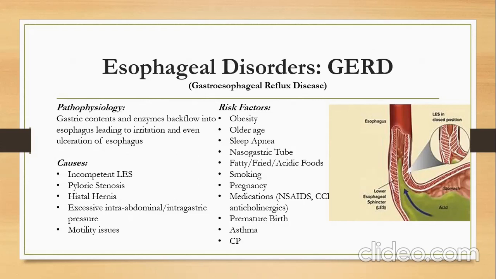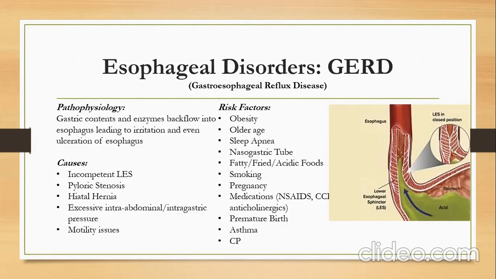Risk factors: obesity, like I said, is going to increase intra-abdominal pressure. Older age, with older age, you know, everything slows down, muscles relax, they get atrophied. So you may be at higher risk for an incompetent LES.